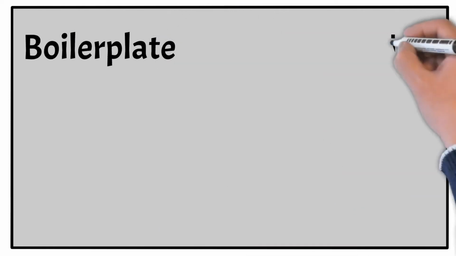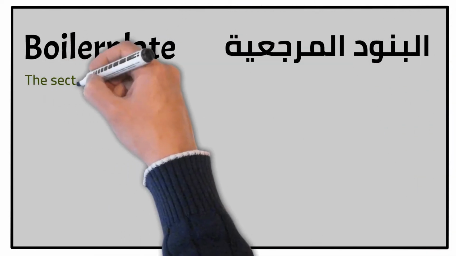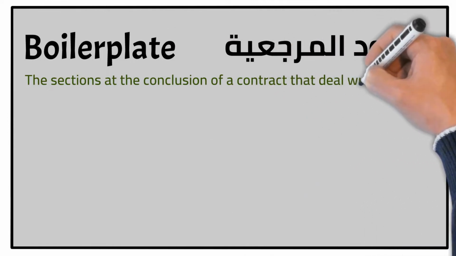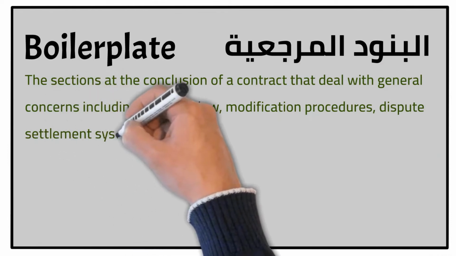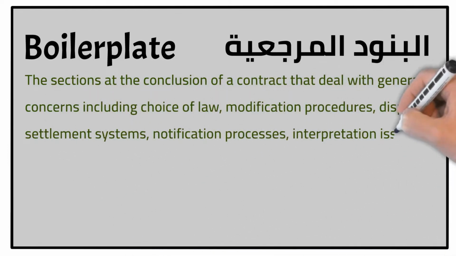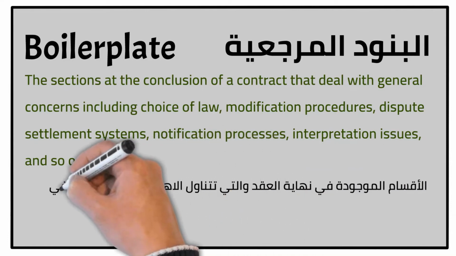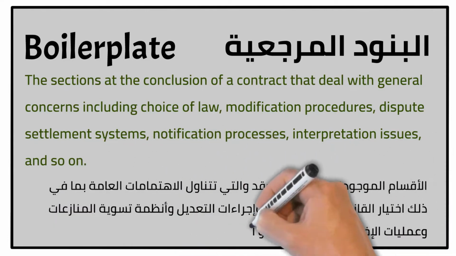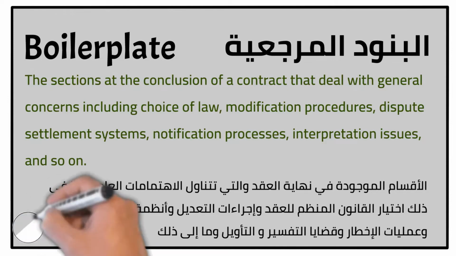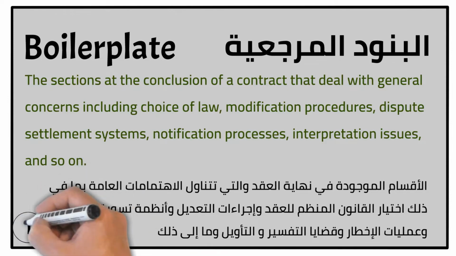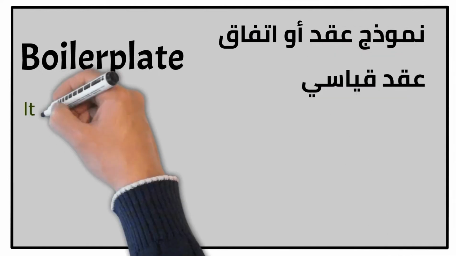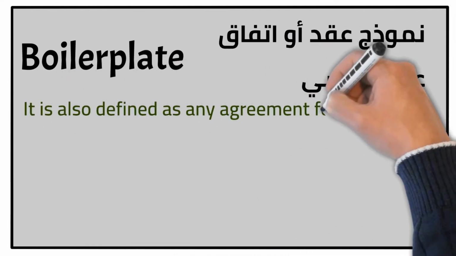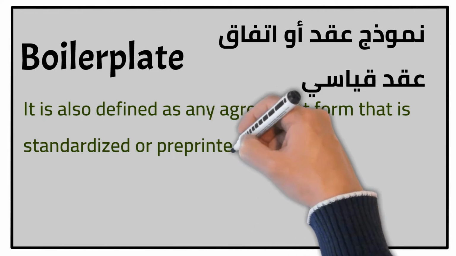Boilerplate. This term means the sections at the conclusion of a contract that deal with general concerns, including choice of law, modification procedures, dispute settlement systems, notification processes, interpretation issues, and so on. Boilerplate. This term means it is also defined as any agreement form that is standardized or pre-printed.